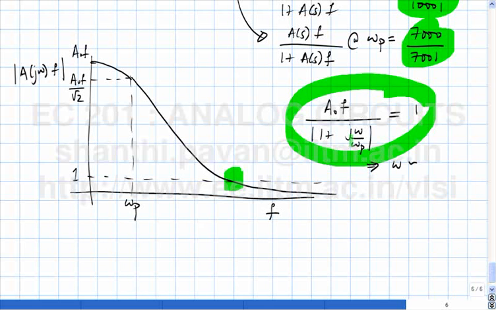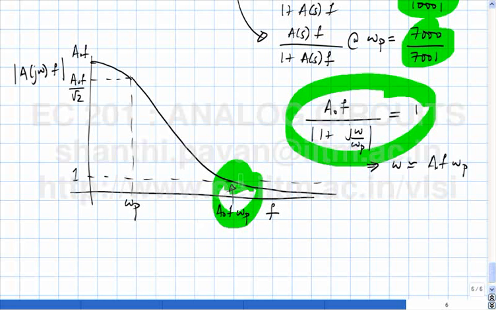If omega is much larger than omega p, how can you approximate the denominator? The magnitude of the denominator is virtually omega by omega p. So what is the omega at which this becomes unity? It simply is A naught f times omega p. It is around this frequency that the magnitude of AF becomes close to unity.